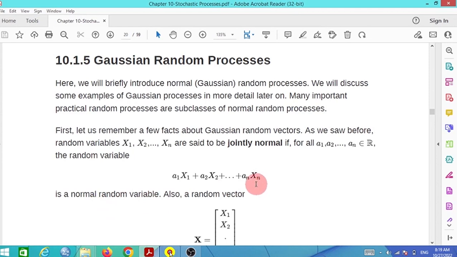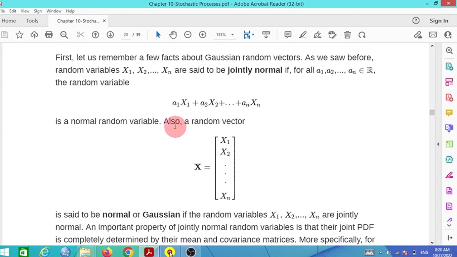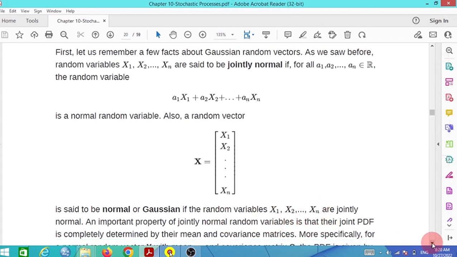So any linear combination of Gaussian or normal random variables is also normal. Also, a random vector X = [X1, X2, ..., Xn], a column vector denoted by bold X, is said to be normal or Gaussian if the random variables X1, X2, ..., Xn are jointly normal.